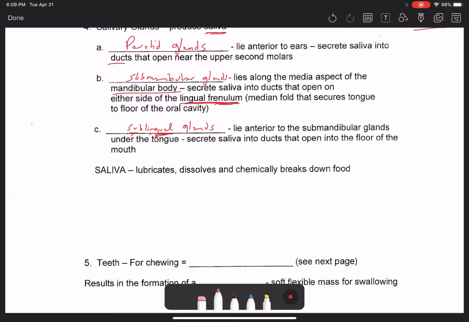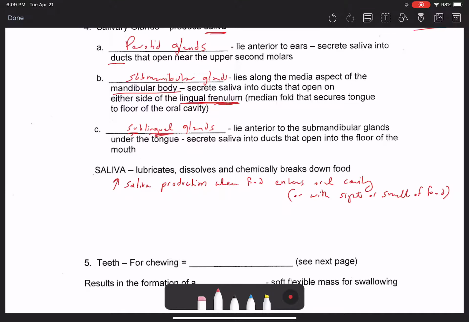And I just wanted to use this space here to lay down some more facts about saliva. We have increased saliva production when food enters the oral cavity or in association with the sight or smell of food, right?